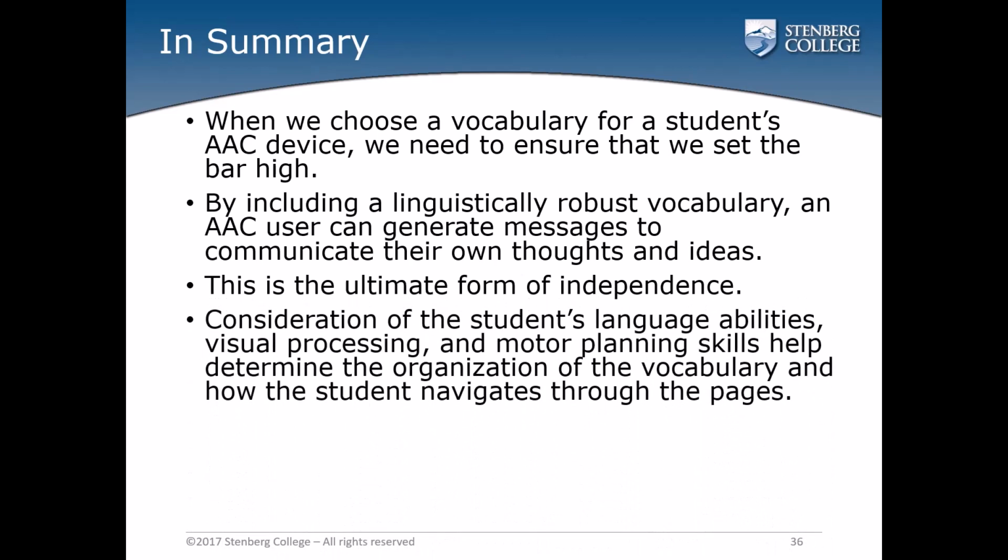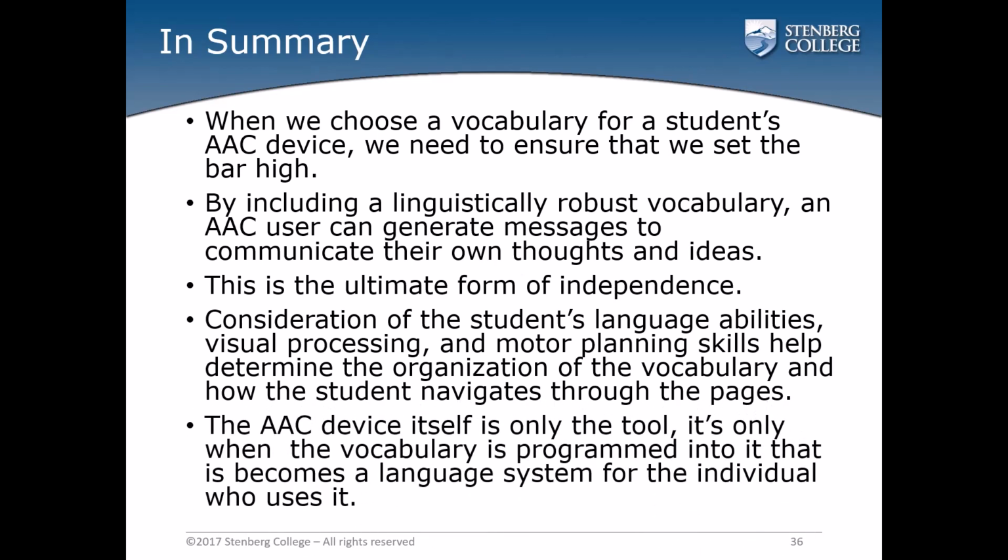Consideration of the student's language abilities, visual processing, and motor planning skills help determine the organization of the vocabulary and how the student navigates through the pages. The AAC device itself is only the tool. It's when the vocabulary is programmed into it that it becomes a language system for the individual who uses it.